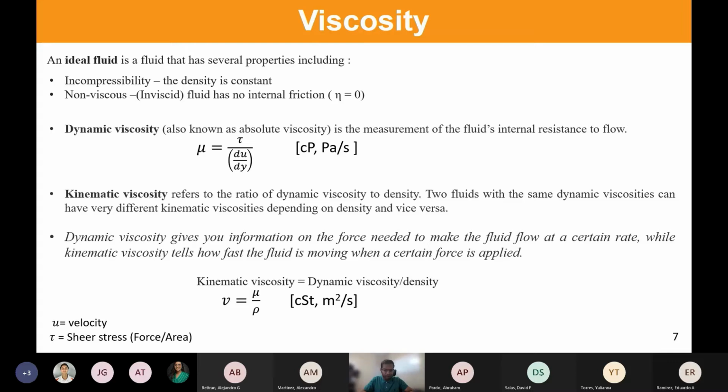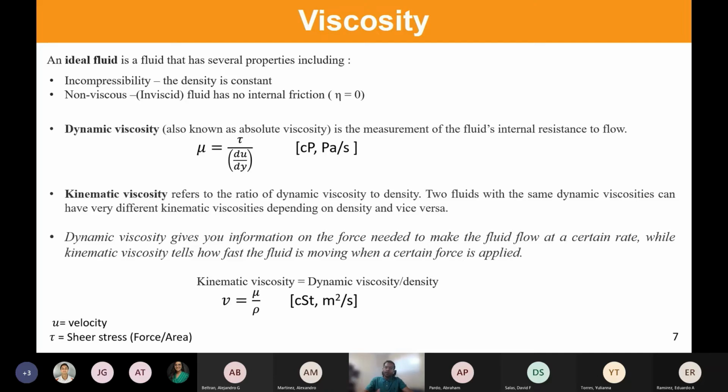But that's not true. Viscosity is a very real phenomenon that we can all very well see. And another assumption is incompressibility, meaning the density of your liquid will not change over pressure, okay? The density is always constant, which is also not true, but it's not the scope of this specific experiment.